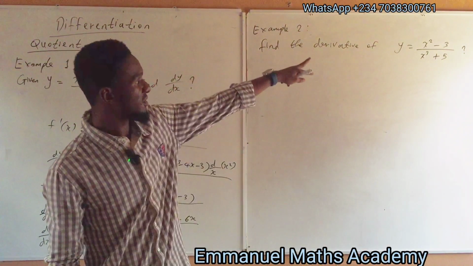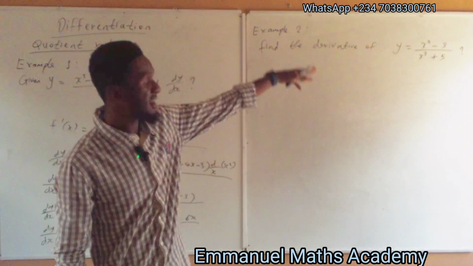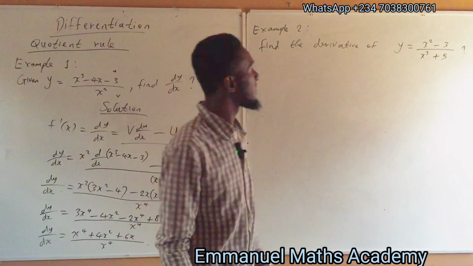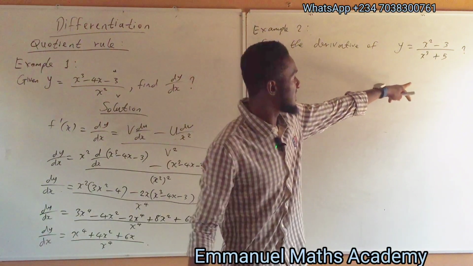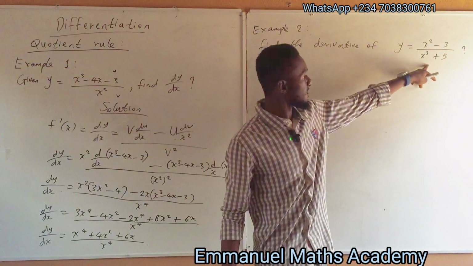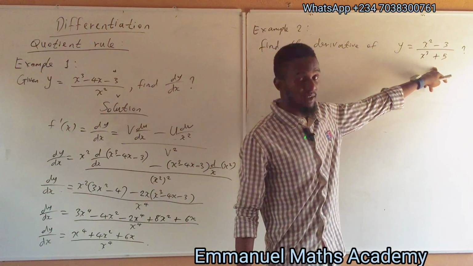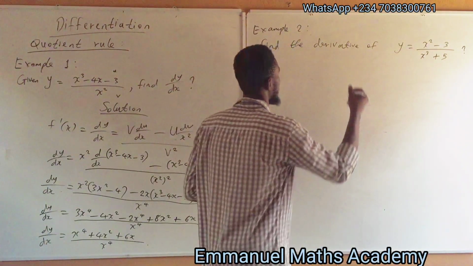Is that correct? Now, we use the quotient rule because this is in a fraction form. That means x raised to the power 2 minus 3 is dividing x cubed plus 5. Right? So we use the quotient rule. We start the solution.